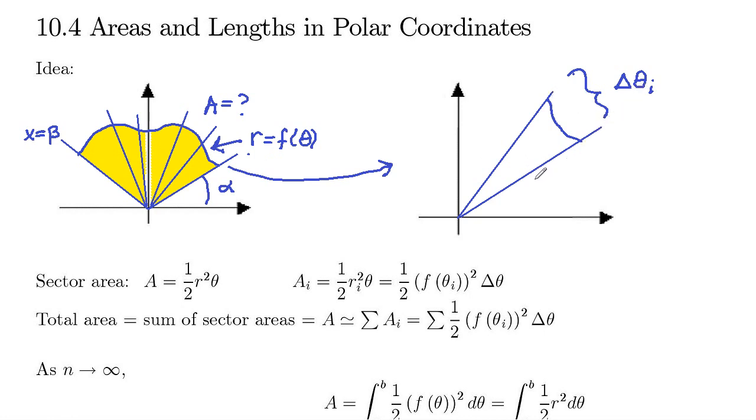Then we pick a partition point, some angle that's between the two ends there, say it looks like this. That's what we'll call theta i star.